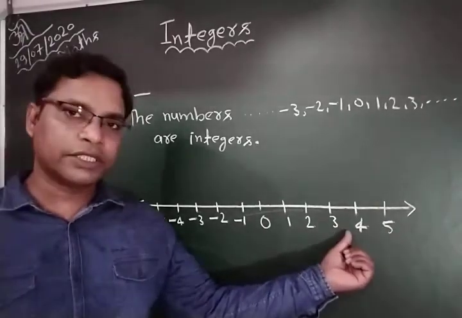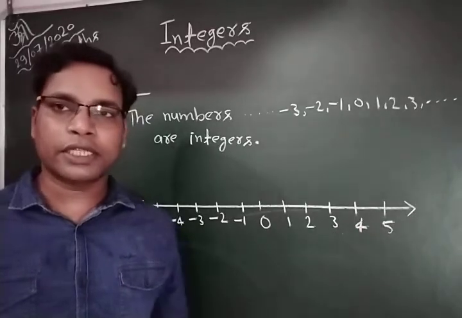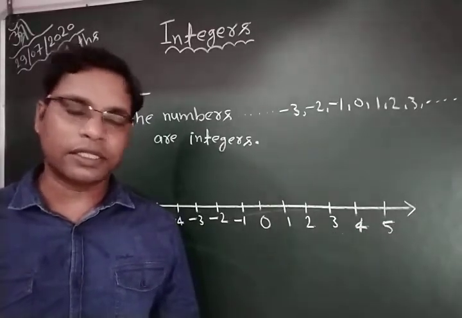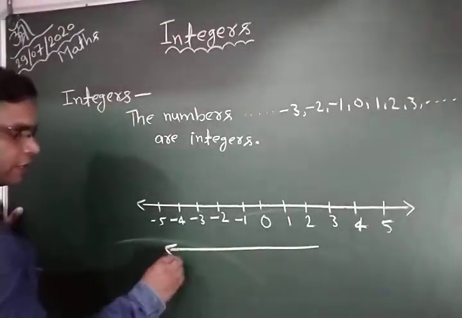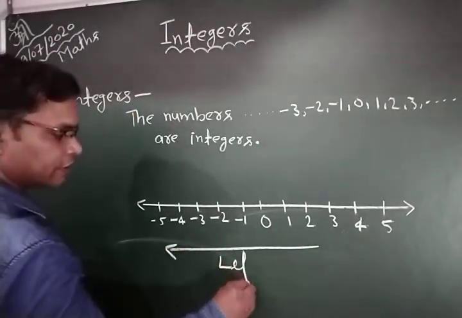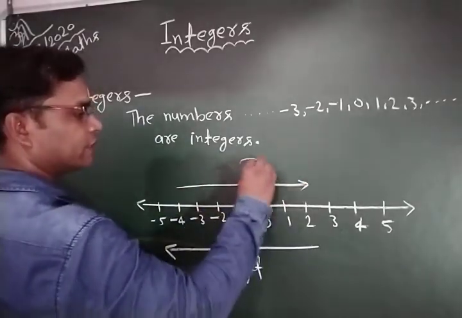Here this is 3, this is 4. 4 is to the right of 3, so 4 is greater than 3. In this direction you move left, and in this direction you move right.